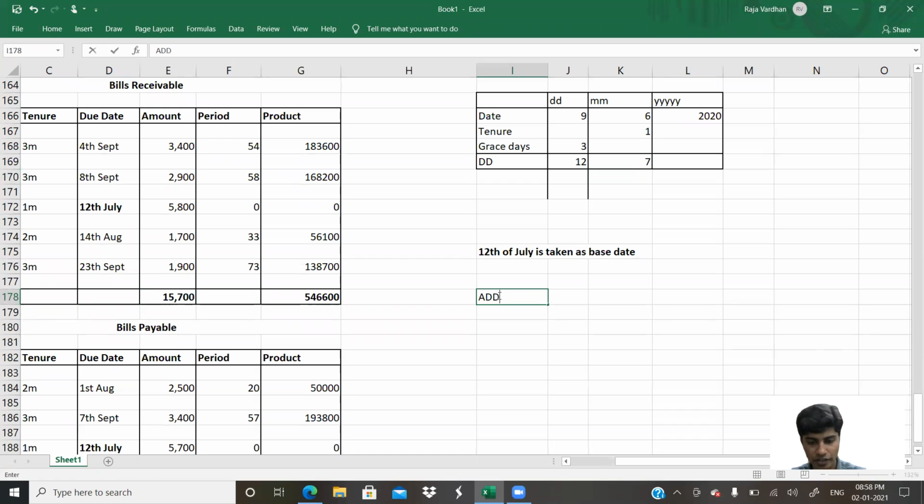Come on. Average due date is equal to base date plus total of products divided by total of amounts.